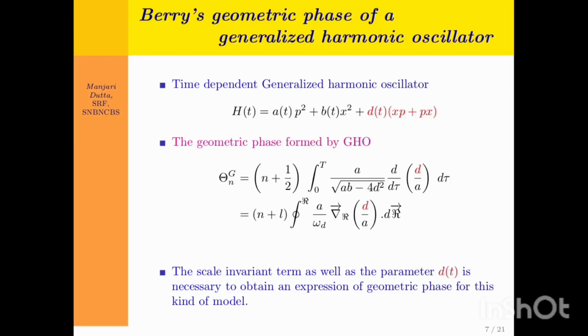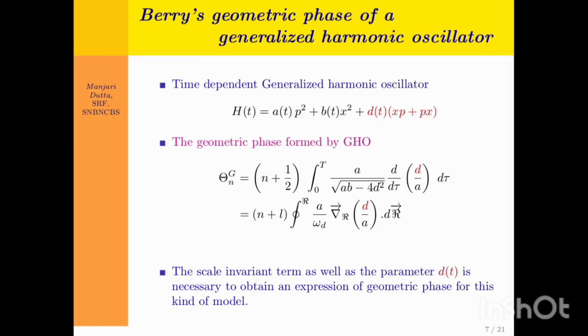Now such a scale invariant term can arise due to many different physical reasons. For example, if a background field interacts with a harmonic oscillator, then such a scale invariant term arises in the corresponding Hamiltonian. Now the interesting thing is that if such a term exists in the Hamiltonian of a harmonic oscillator, then the corresponding time dependent coefficient d(t) directly contributes to form a structure of Berry phase.